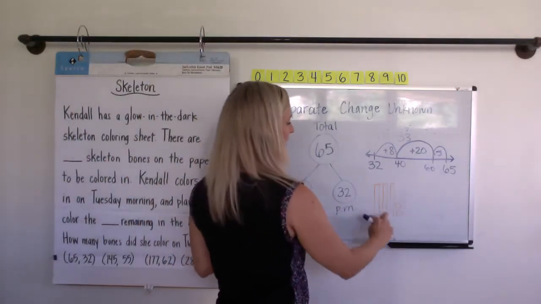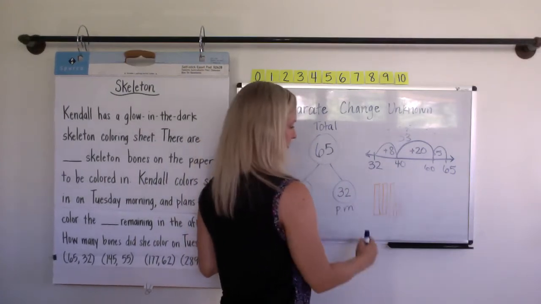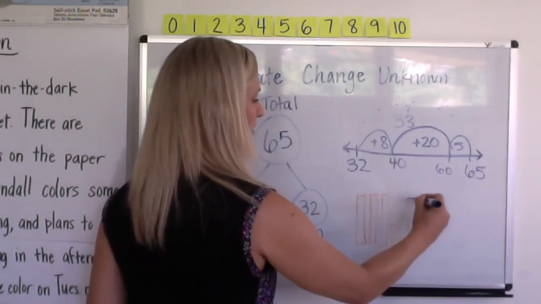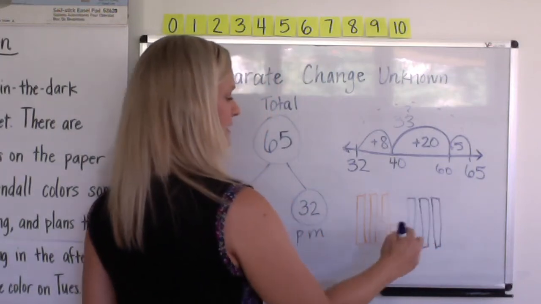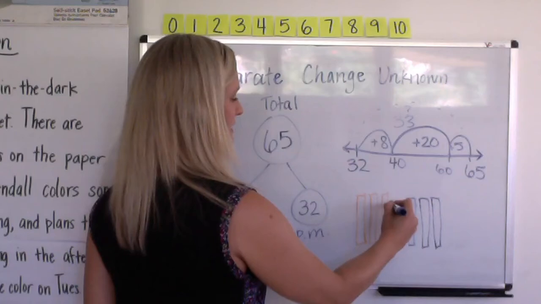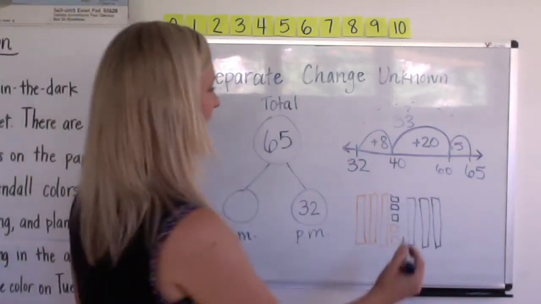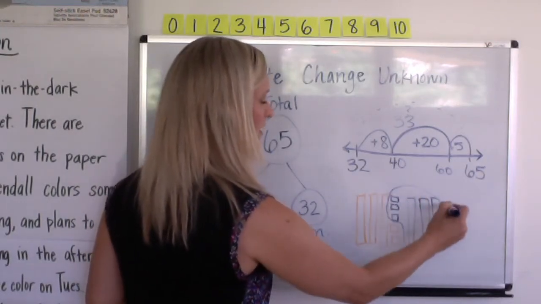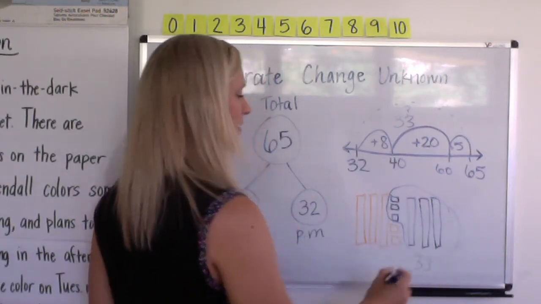So this would be the PM, and they know that they have to go all the way to 65. So 10, 20, 30, 40, 50, 60, 61, 62, 63, 64, 65. So then I can see I had to add these that are in blue. So I had to add 10, 20, 30, 1, 2, 3, 33.